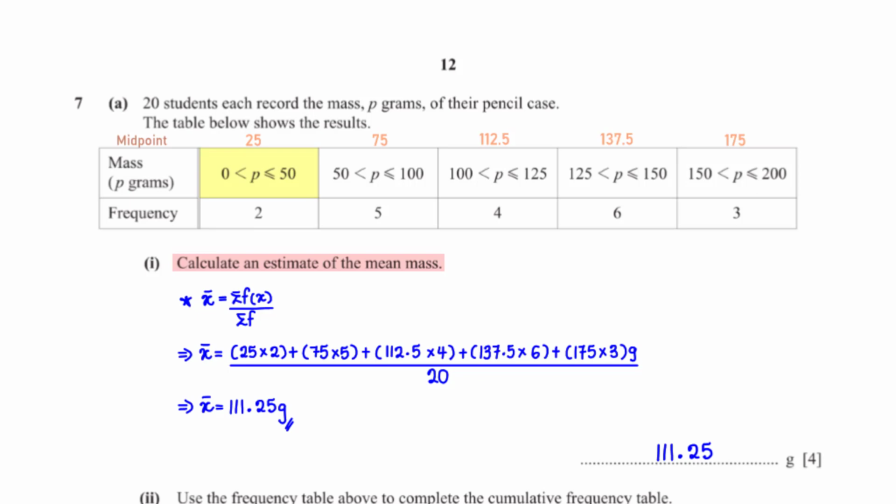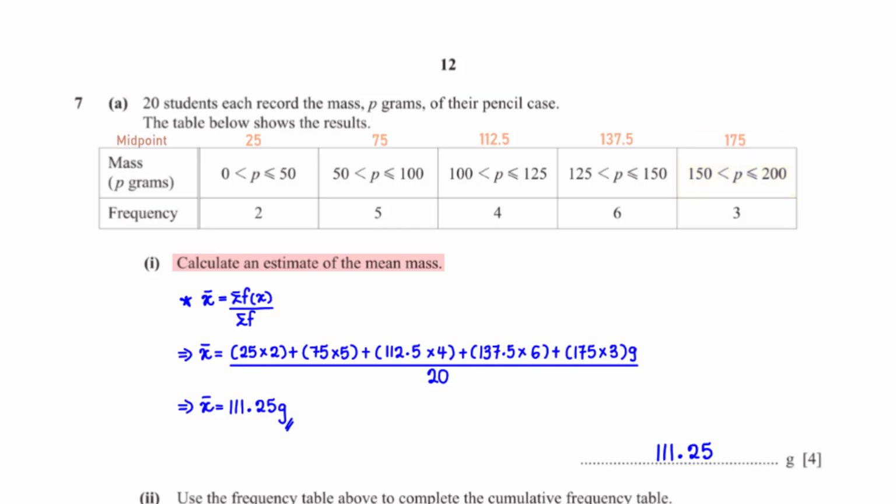So for the first interval, the midpoint mass is 0 plus 50 divided by 2, which is 25. Then we have 50 plus 100 divided by 2, which is 75. 100 plus 125 divided by 2, which is 112.5. 125 plus 150 divided by 2, which is 137.5. 150 plus 200 divided by 2, which is 175.